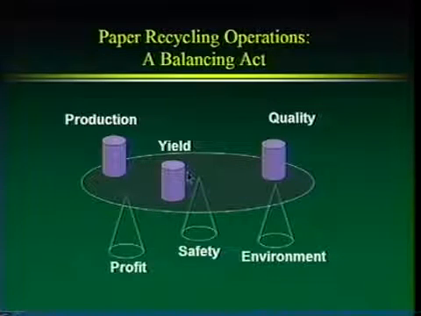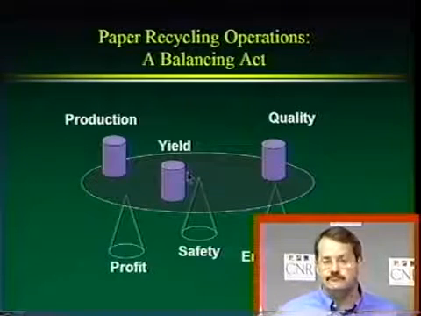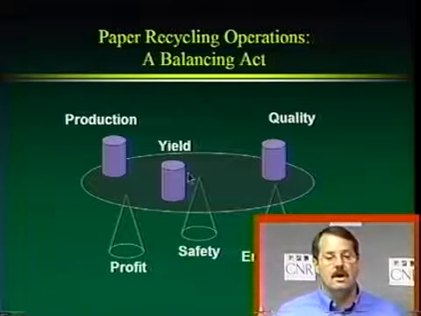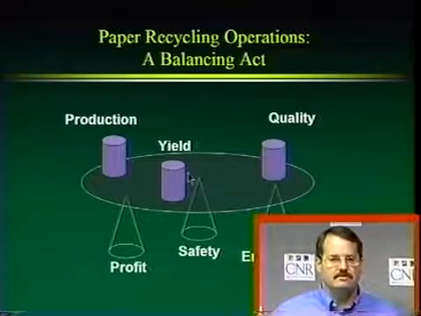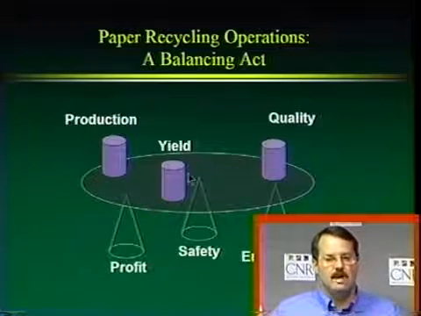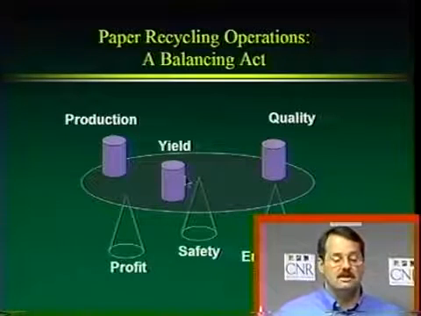On the bottom of the plate are the pedestals that are holding that plate up, and there are three that are very important: profit, safety, and environment. We have to have a safe operation. That's number one. Nothing really matters if people get hurt. We have to have a profitable operation, so the profit has to be there. Without the profit, we'll go out of business. Our company will decide to shut us down.